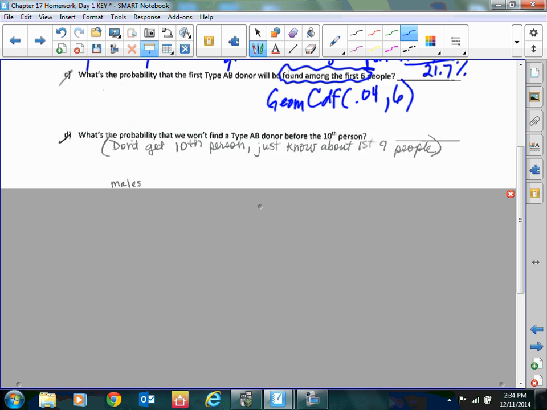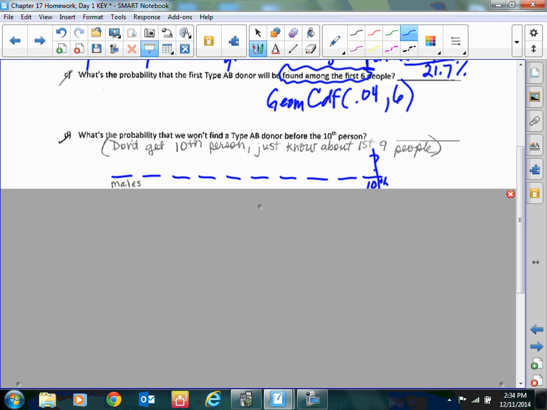Let me draw a picture so you can understand better what this is saying. 1, 2, 3, 4, 5, 6, 7, 8, 9, 10. Here's the 10 people. You are not going to get an AB donor before the 10th person. I don't care what you get in this 10th spot. It doesn't tell me that that 10th spot is an AB donor.